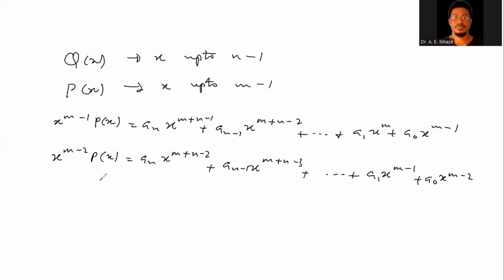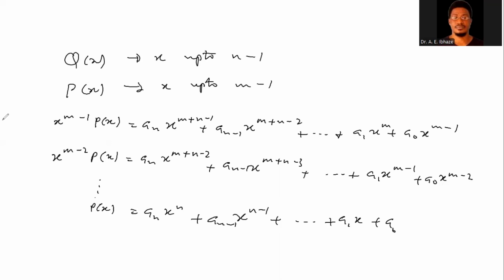So this will go all the way to p of x being the same as a sub n x to the n plus a sub n minus 1 x to the n minus 1 plus all the way to a1 x plus a naught. Similarly, we do the same for q of x, so that we multiply by powers of x up to n minus 1.